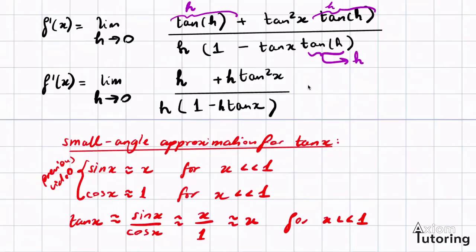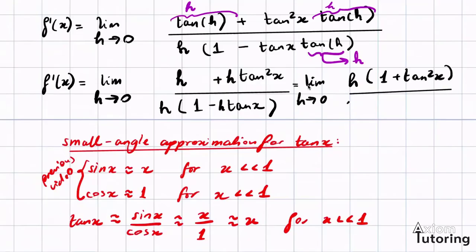Now the easiest thing to see here is that in the numerator we can take out a factor of h. If we do that, we're left with 1 plus tan squared x, all over h times 1 minus h tan x in brackets there.